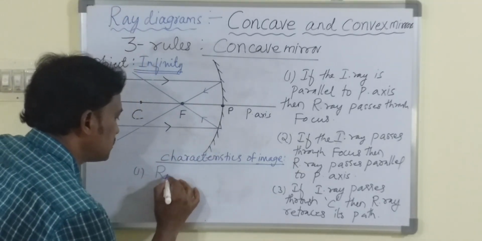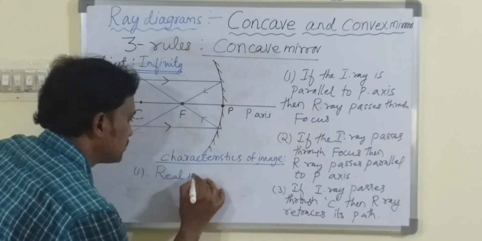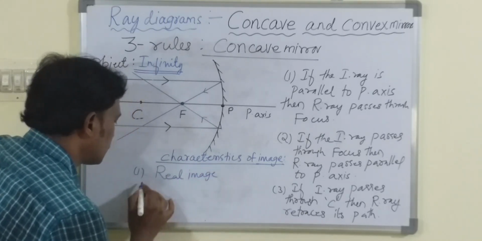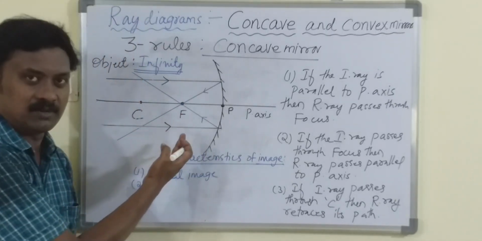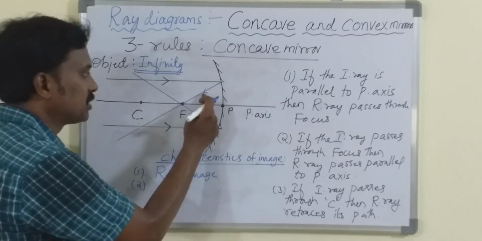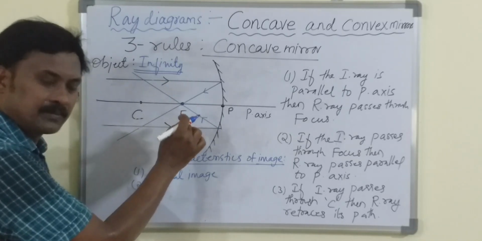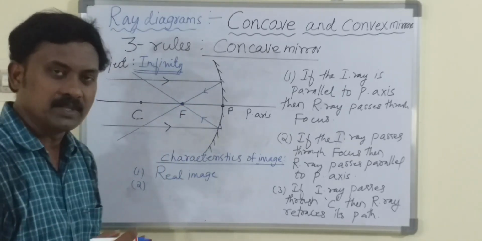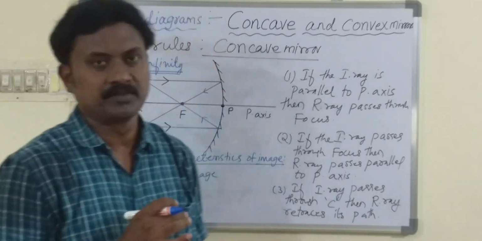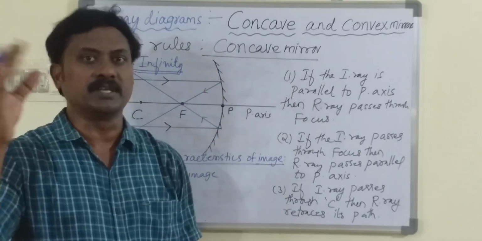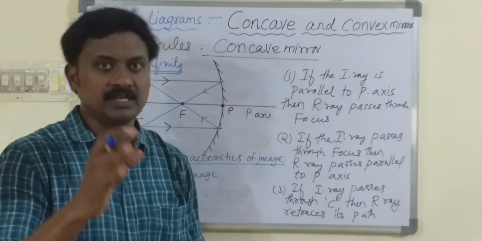So it's a real image, and if you are getting a real image, actually we don't see any image here. Since the two reflected light rays are meeting, we are saying that we are getting a real image, and if it is a real image, then it is always inverted. We never get a real image which is erect. So if it's a real image, it's an inverted image.